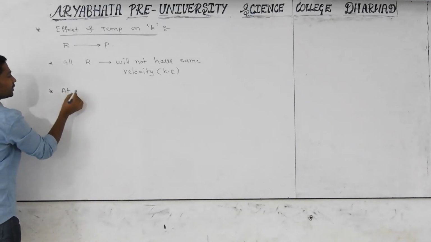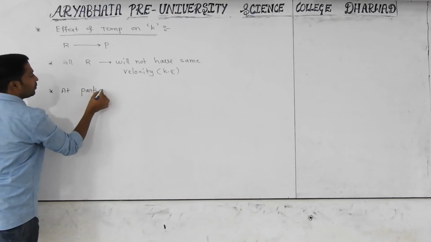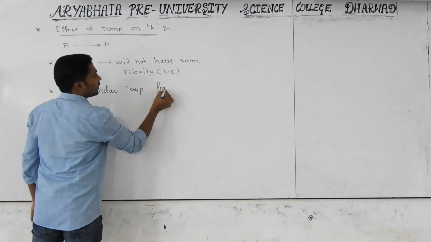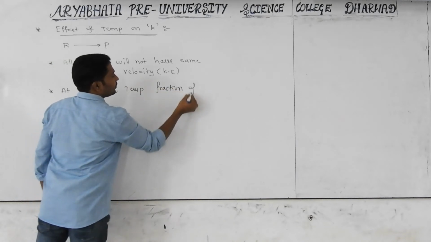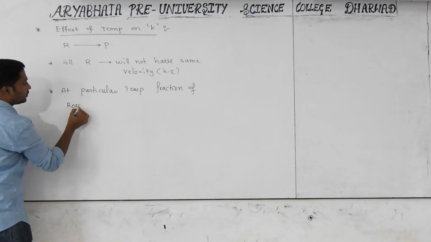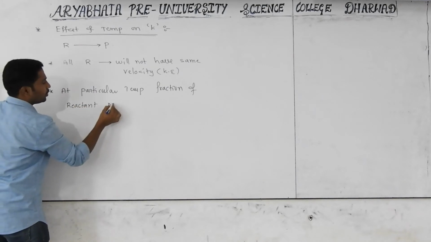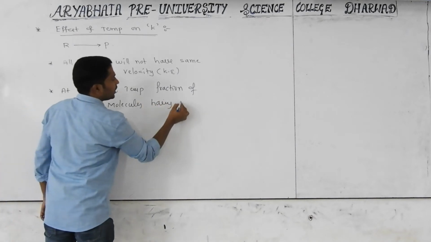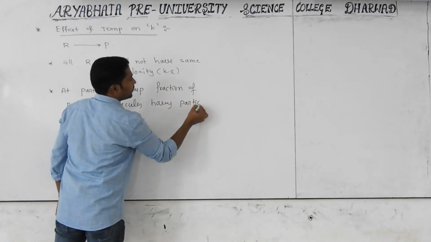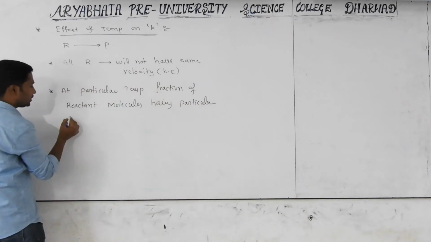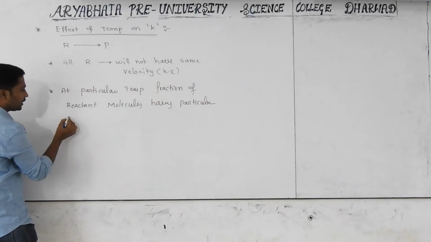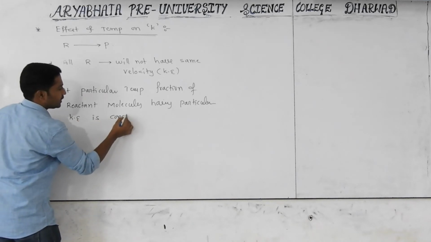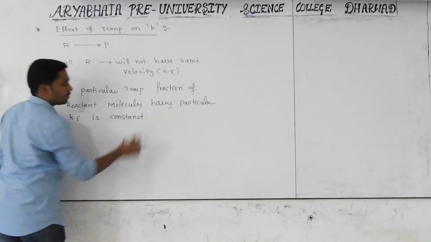Now I will tell one point here. At a particular temperature, the fraction of reactant molecules having a particular kinetic energy, or particular velocity, is constant, or remains the same.